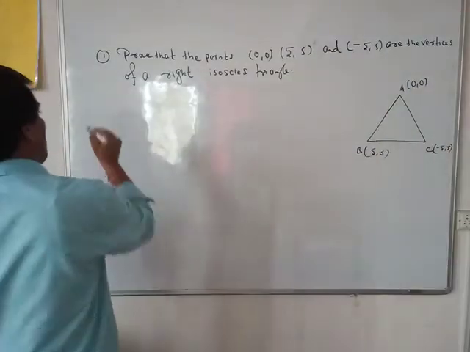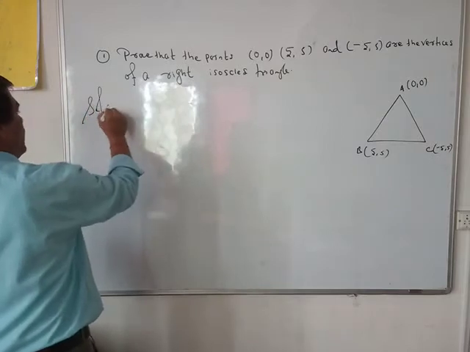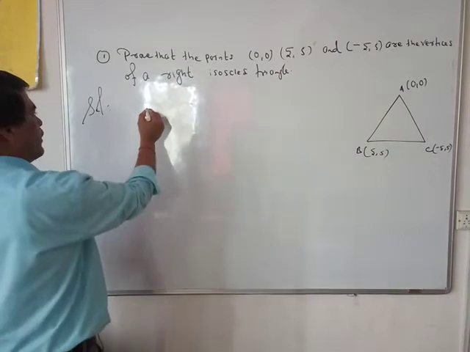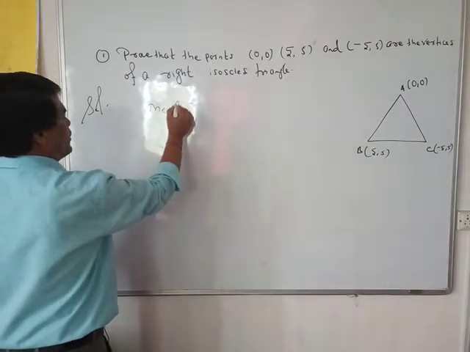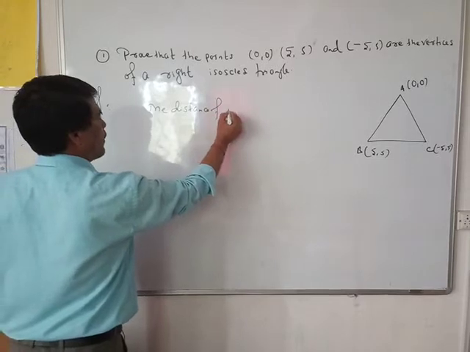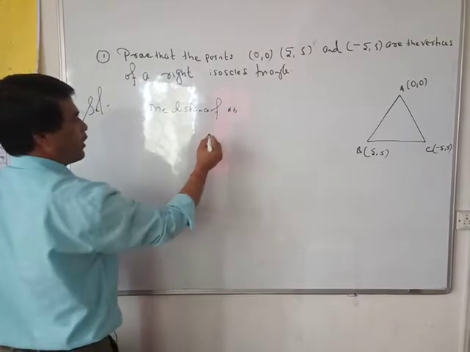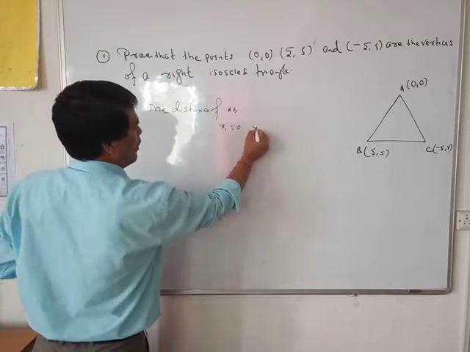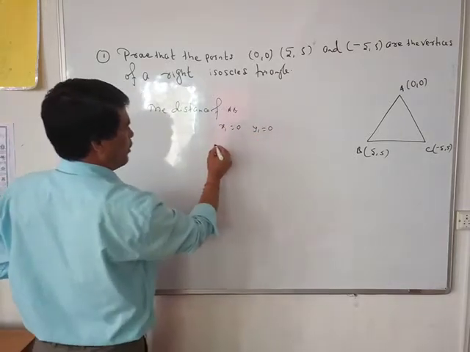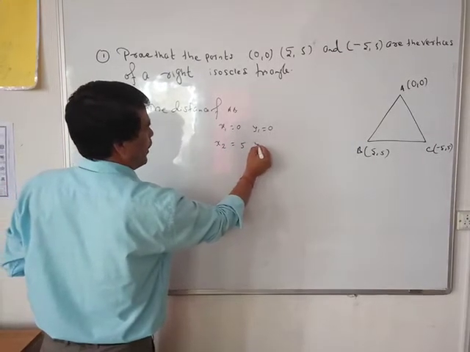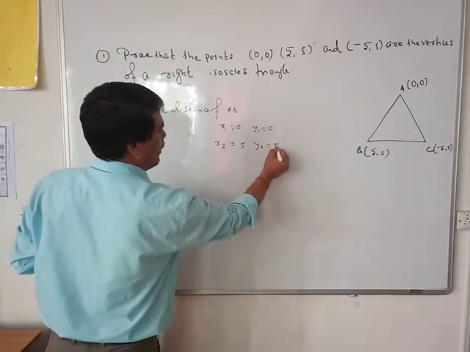Then after that, first you have to write a solution. Firstly you have to find the distance of AB. The coordinate of A: x1 is equal to 0 and y1 is also 0. The coordinate of B: x2 is equal to 5 and y2 is equal to 5.